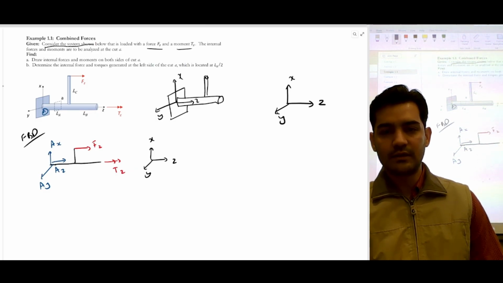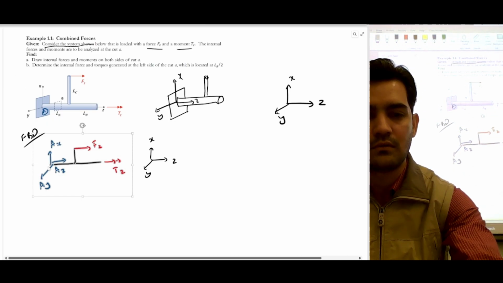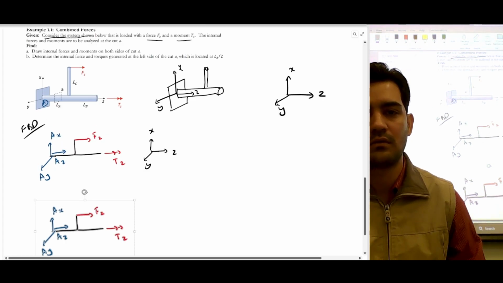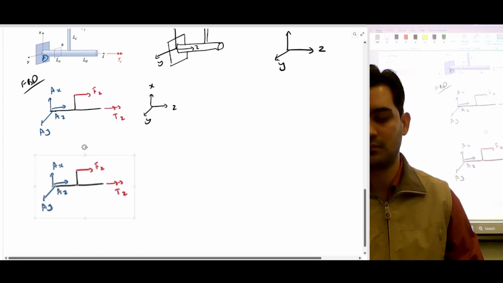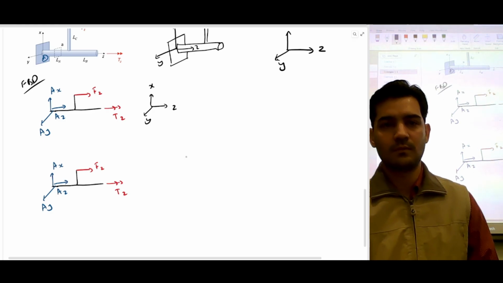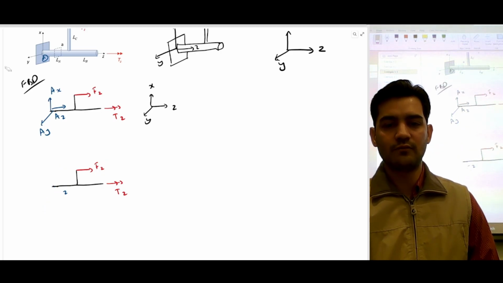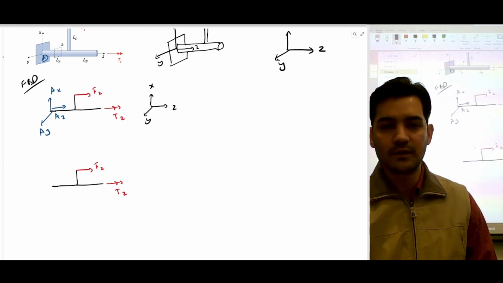And also there are moments. So in addition to forces, we also have moments, but I don't have space, so I'm just drawing it here.